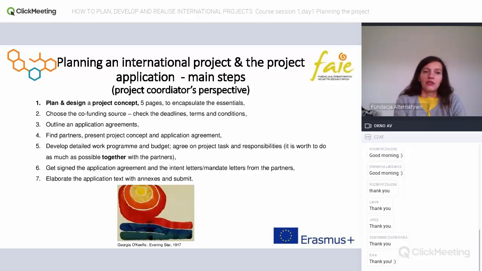The application agreement can, for example, include a statement of confidentiality of the content of the application, that you will not use this concept outside of the partnership. Sometimes it also includes a fee for the applicant for designing the application. This is also possible, and some other arrangements.